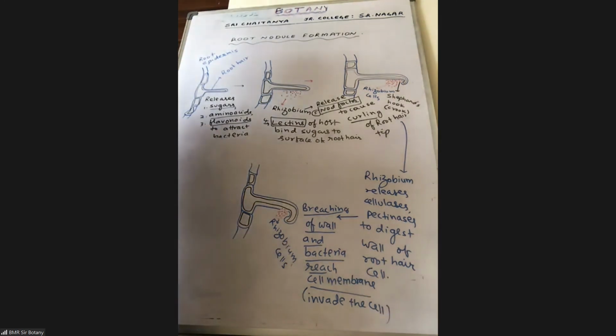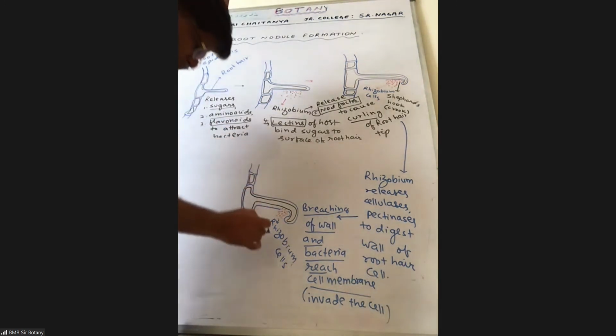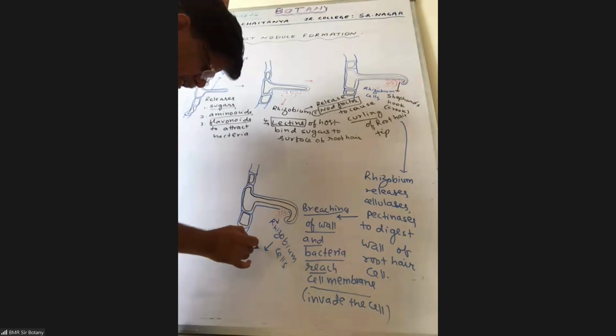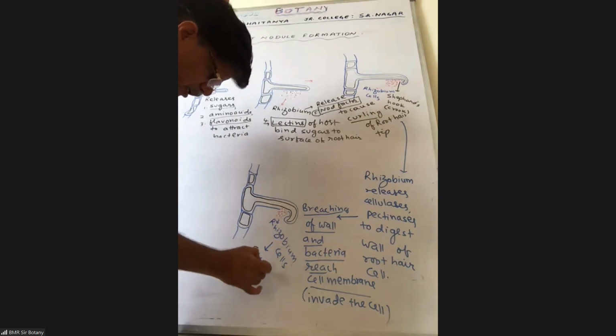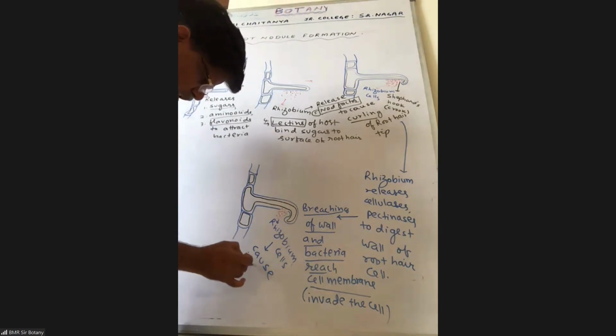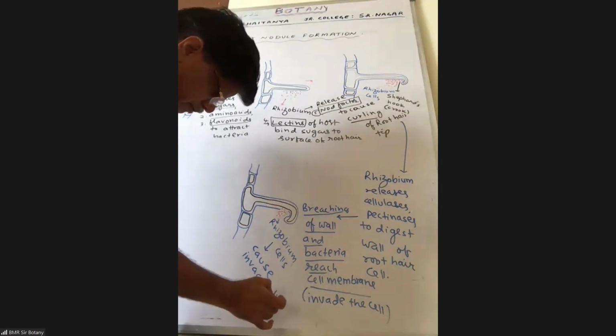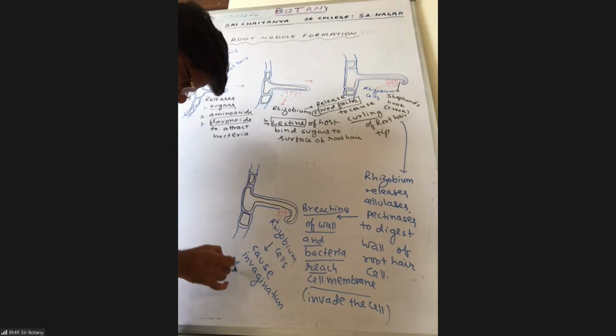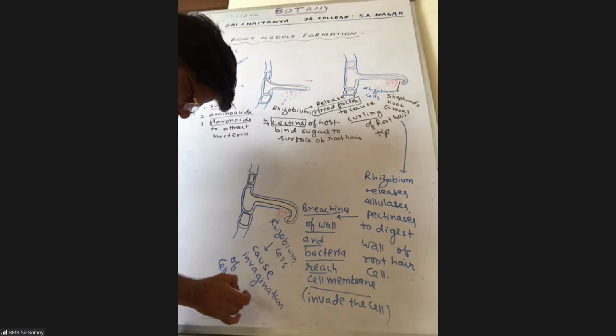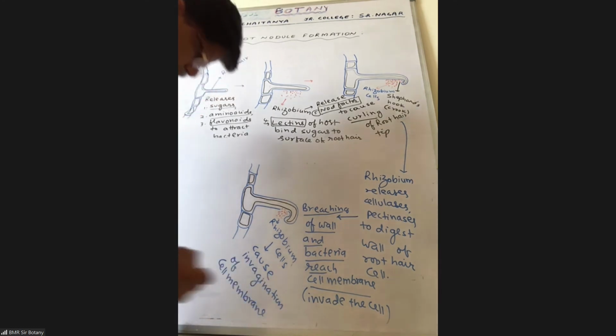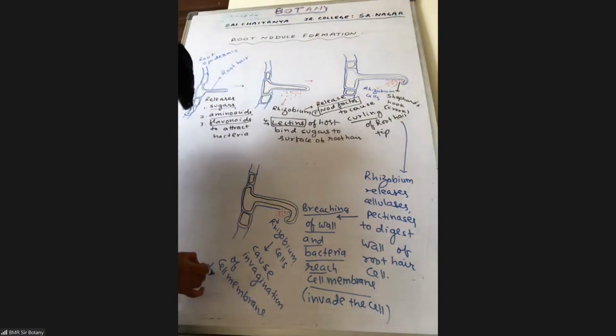These Rhizobium bacteria cause invagination of the cell membrane, infolding of the cell membrane, to form a long tubular structure called infection thread.